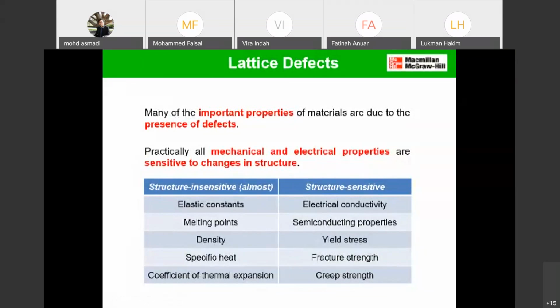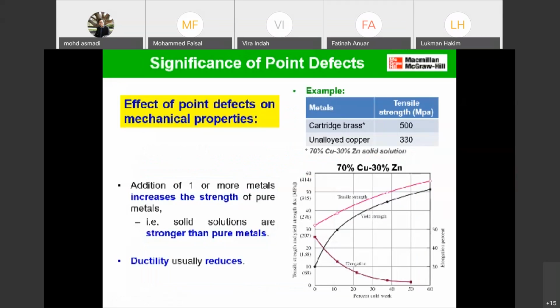The structure-sensitive ones are electrical conductivity, semiconducting properties, yield stress, fracture stress, creep strength, ductility, and so on. The significance of point defects in terms of mechanical properties is that they could increase the tensile strength.